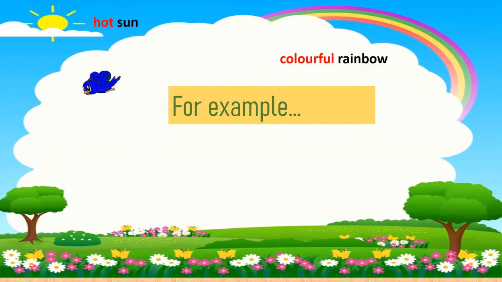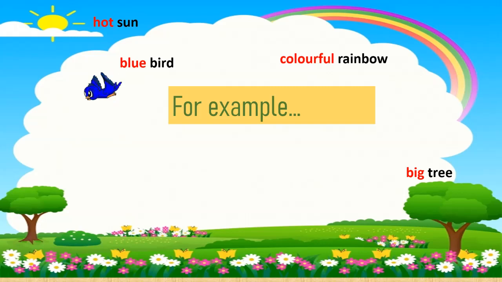What is this? Yes, you are right. It's a bluebird. Blue is describing the bird, that the bird is blue in color. Oh, here it is a tree. What is the describing word over here, children? Very good.